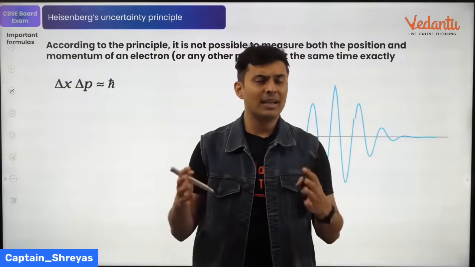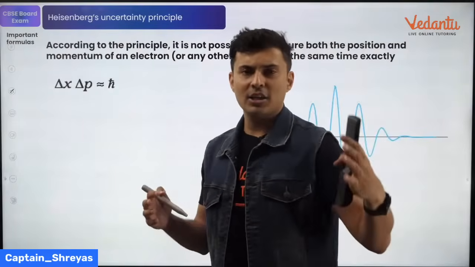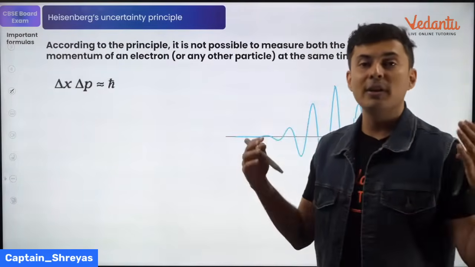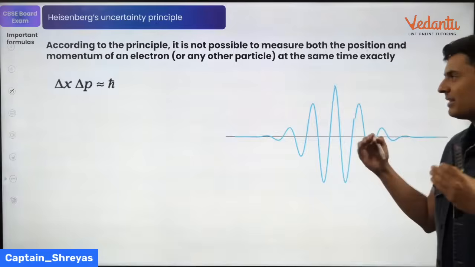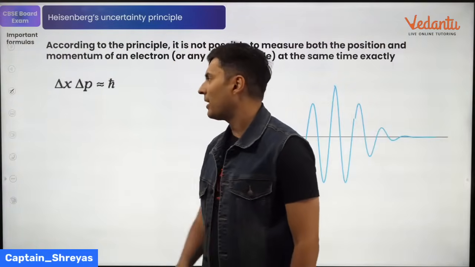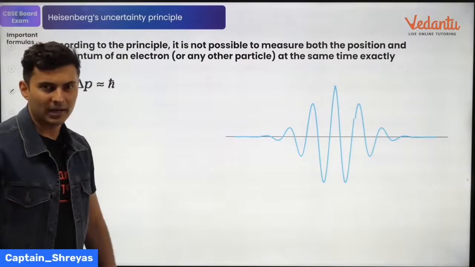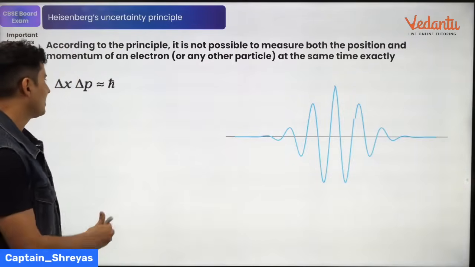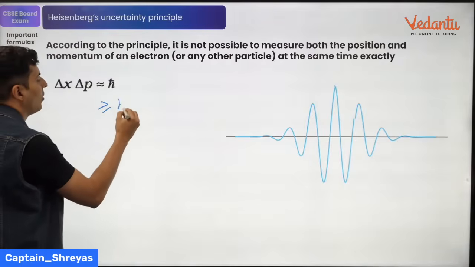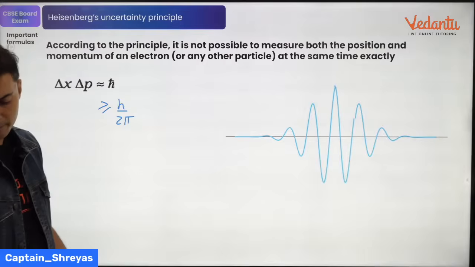So basically, Heisenberg said a particle's position and its momentum cannot be known accurately. There will always be some uncertainty, and the error in position times the error in momentum is more than or equal to h by 2 pi. So that's how it usually is. Keep this in mind. Is that okay?